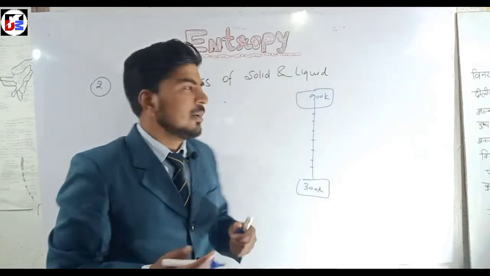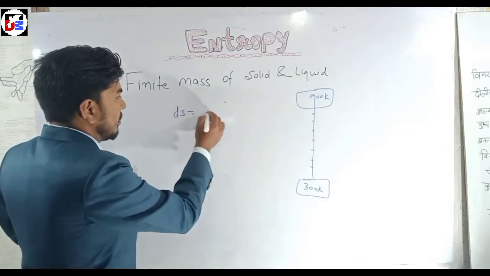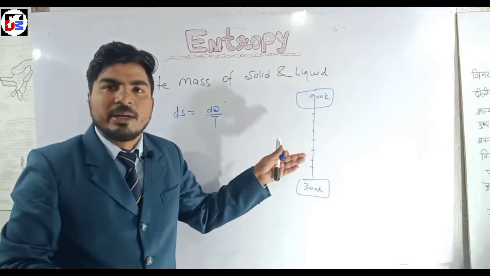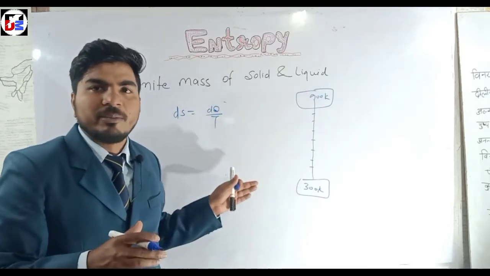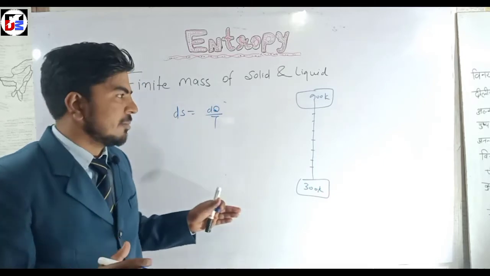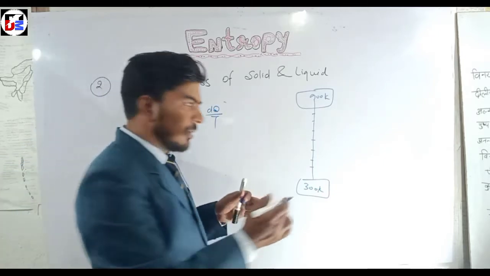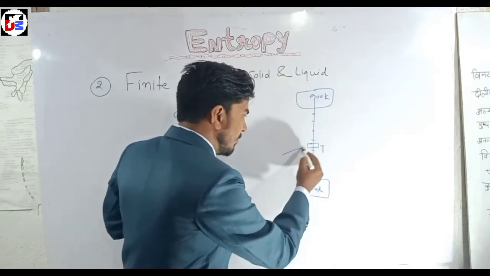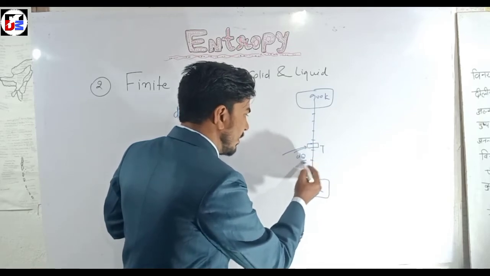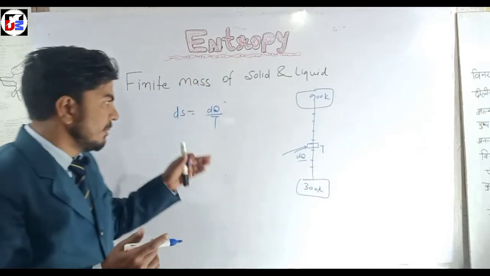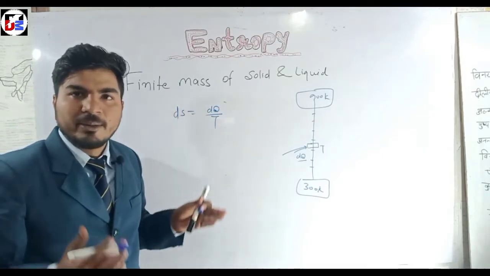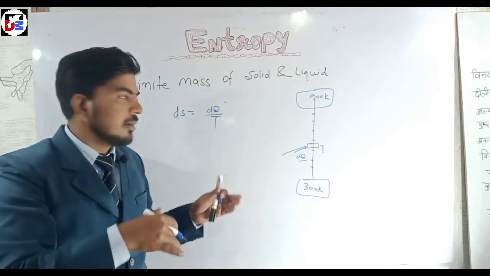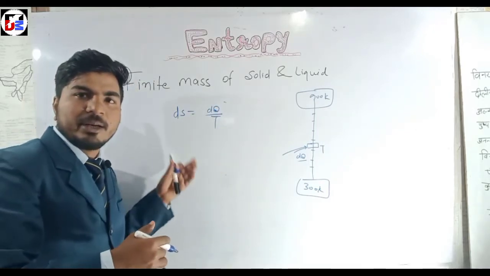We already have the formula dS is equal to dQ by T, because this is reversible heat transfer. We already assumed that our calculation is based on reversible heat transfer. Now we take a particular temperature T, and here we provide a small amount of dQ. Then we can write dS is equal to dQ by T, and here temperature is not constant, because when we integrate this, temperature cannot be taken out of the integral.